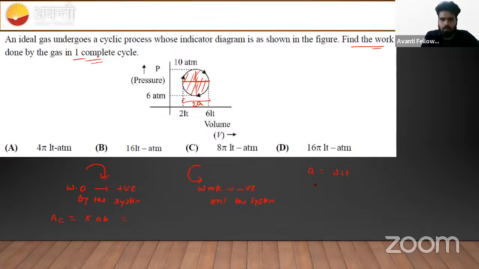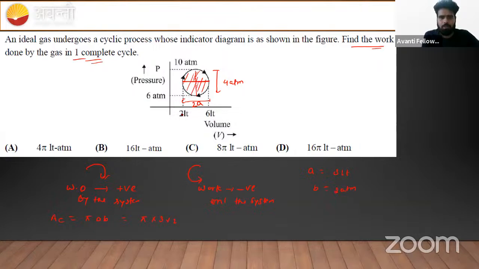3 liter. What is the value of the semi-minor axis? The total gap given here is 10 minus 6, that is 4 atm. What is b, beta? 2 atm. Here the units are given in atm and liter, so there is no need to convert. Write down the correct area of the loop: pi into 3 into 2.